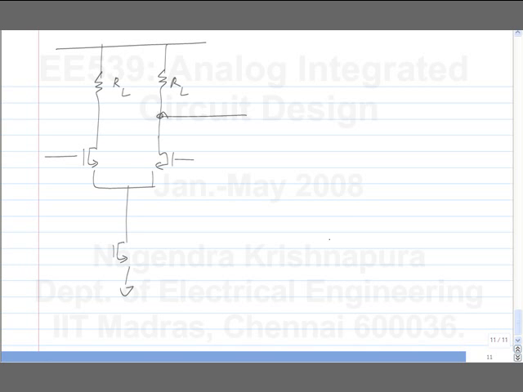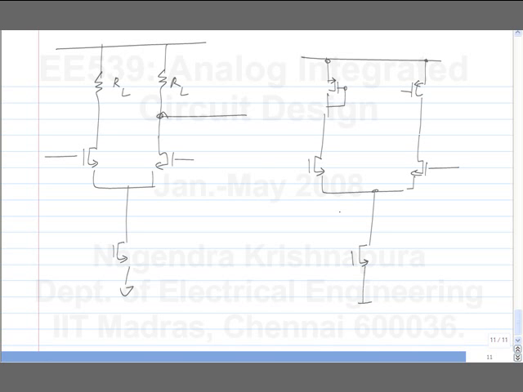And secondly, this is actually somewhat interesting. What is the common mode gain if this is biased independently? Okay. So let's say this is I naught, and this is I naught by 2.